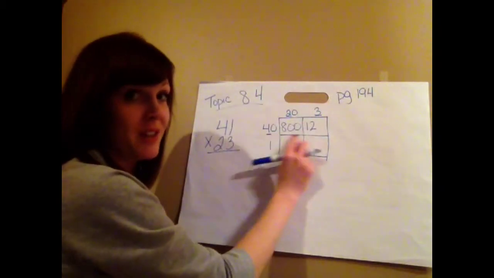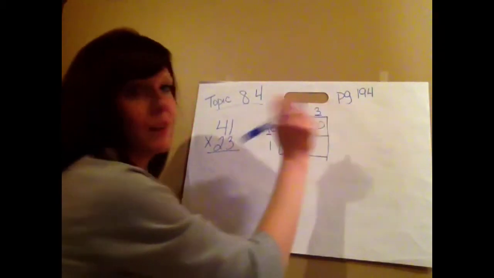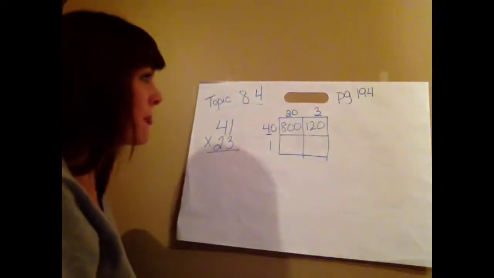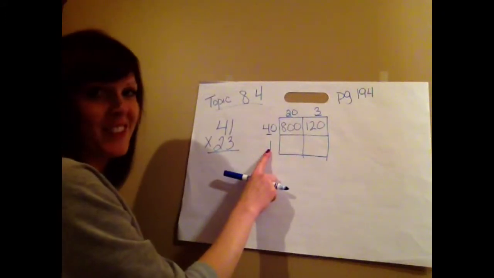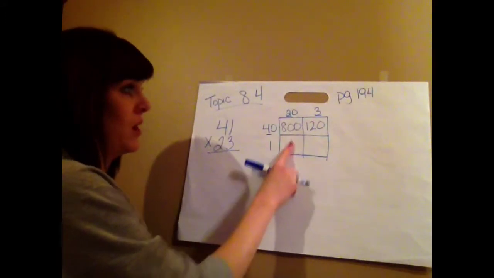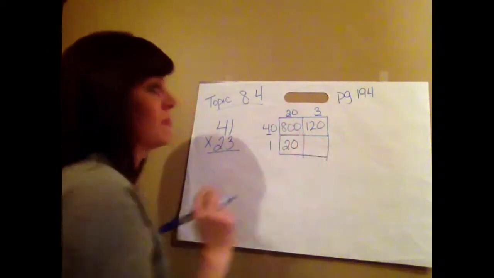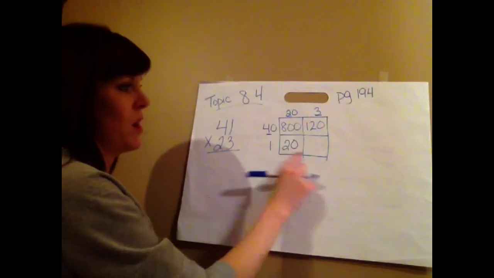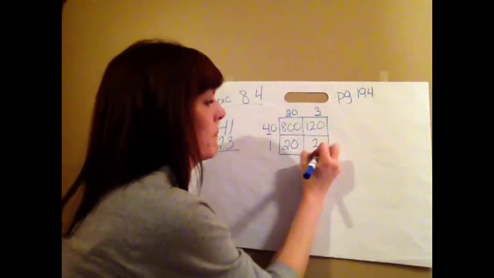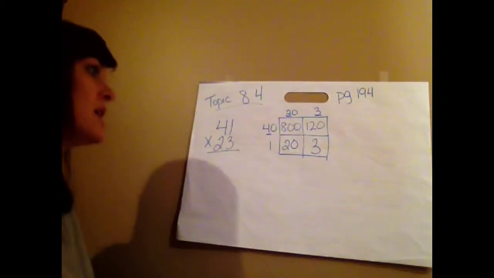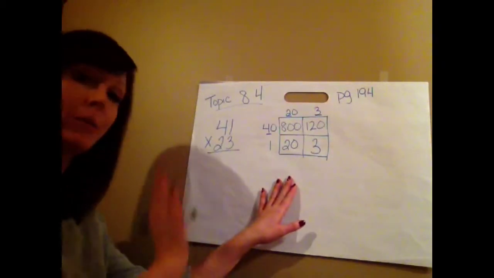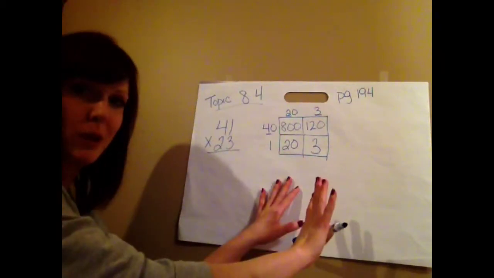And I'm going to stamp that 0 right over here, giving me 120. This is going to be pretty easy. 1 times 20. And now 1 times 3. Okay? Now, once we have this broken down by the place value and spread out this way, we just need to add it up.